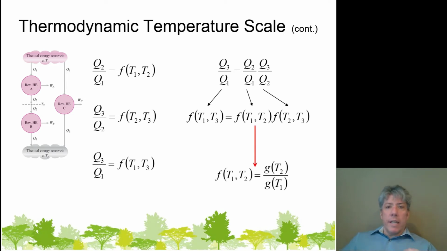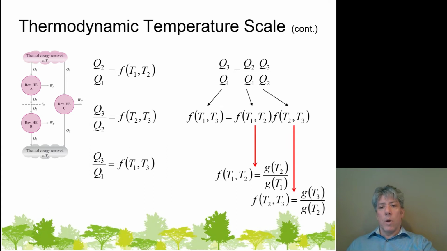Now, one way to get things to cancel like this is that the functional form has to be a ratio of other functions that only depend on the variables themselves. Because what we're really doing by canceling out Q2 is canceling out T2. How do you cancel out a whole variable? The only way is if the numerator depends on one variable and the denominator depends on another. At least that's the easiest way to do it.